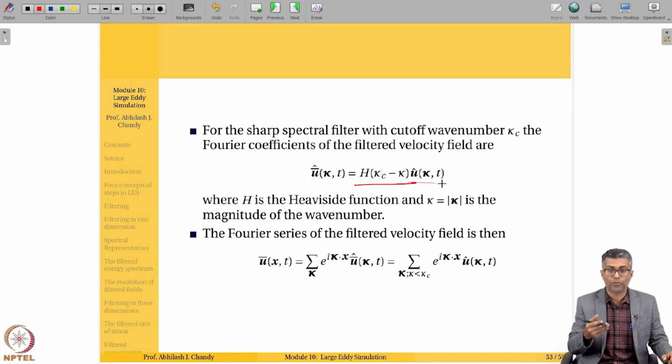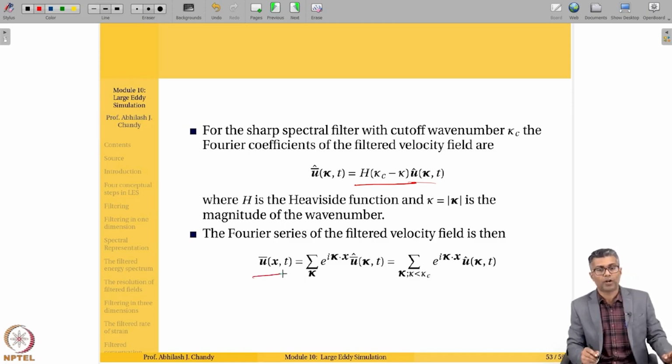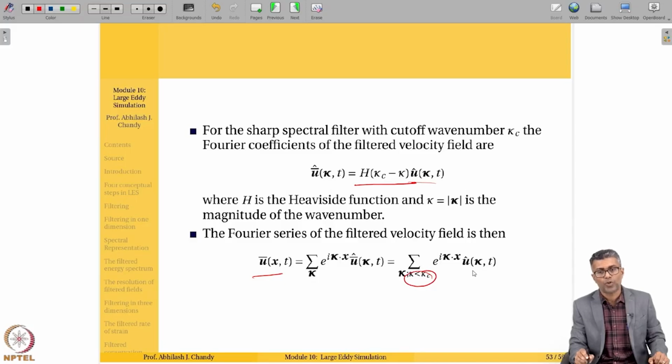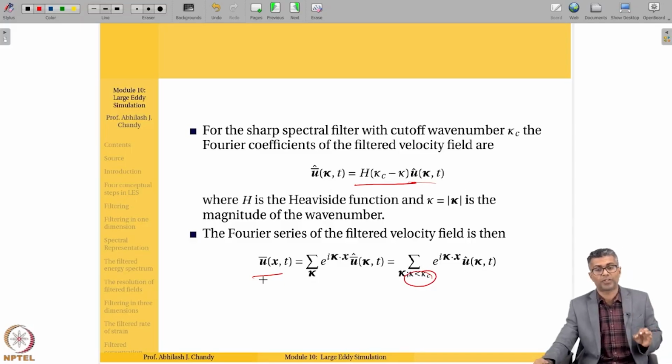So now if you write the Fourier series of the filtered velocity field, it looks like this: u bar of x,t is the summation of e to the i kappa dot x, u bar hat of kappa,t. Or in other words, the summation is only till kappa c, and you have e to the i kappa dot x, u hat of kappa,t, isn't it?